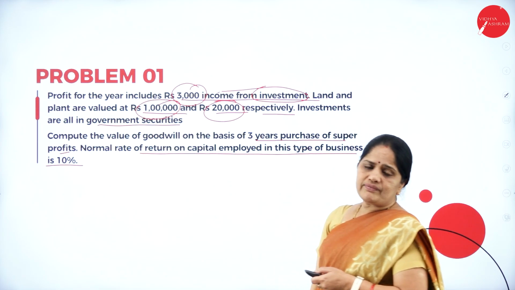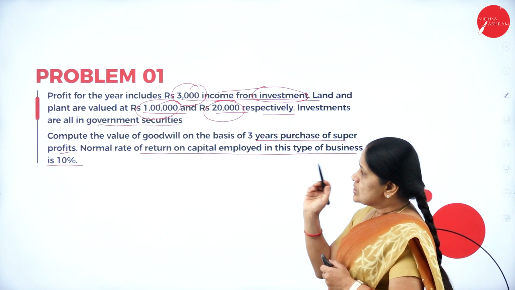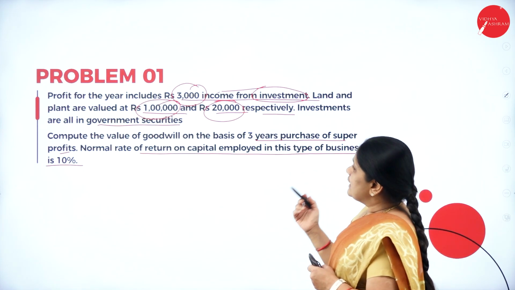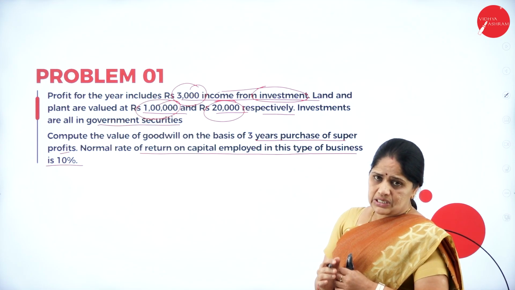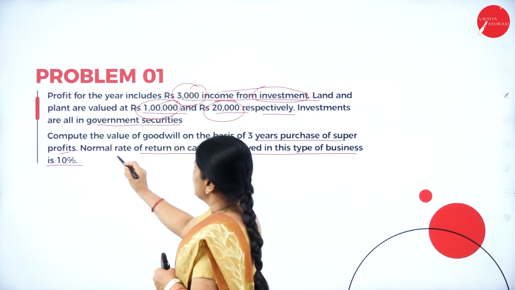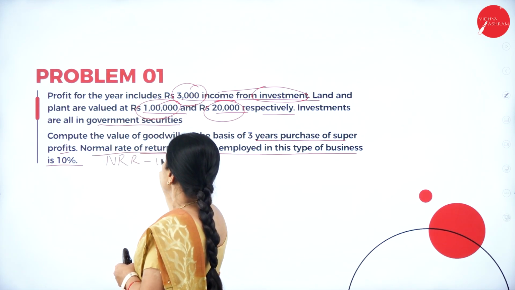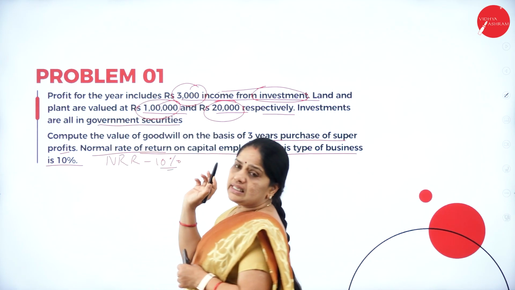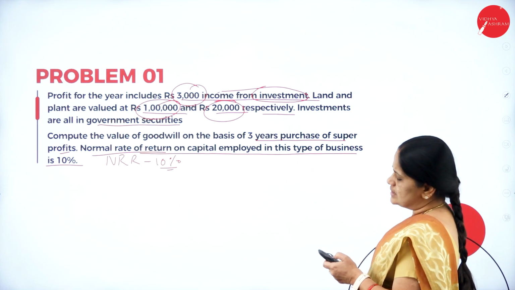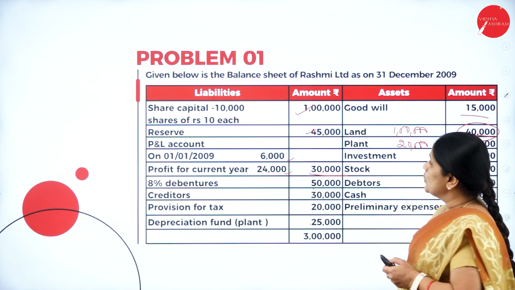So the income from investment includes a non-trading profit of 3,000, which we have to deduct from the operating profit to get only the exclusive trading profit. Then they have also given us the NRR, that is the normal rate of return. What is the normal rate of return? It is 10%. Based on all these, we have to find out the valuation of goodwill.